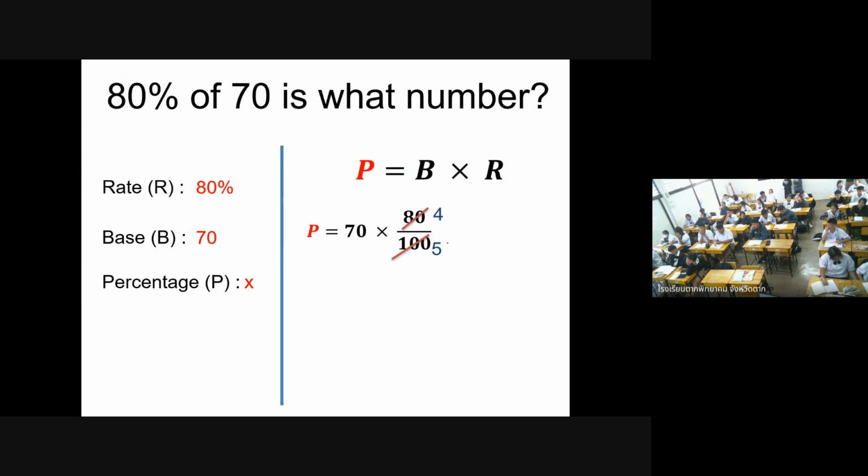We can simplify 5 and 70: 1 and 14. What is 14 times 4? 56. So with the question 80% of 70 is what number, the answer is 56. Okay, understand? One more.